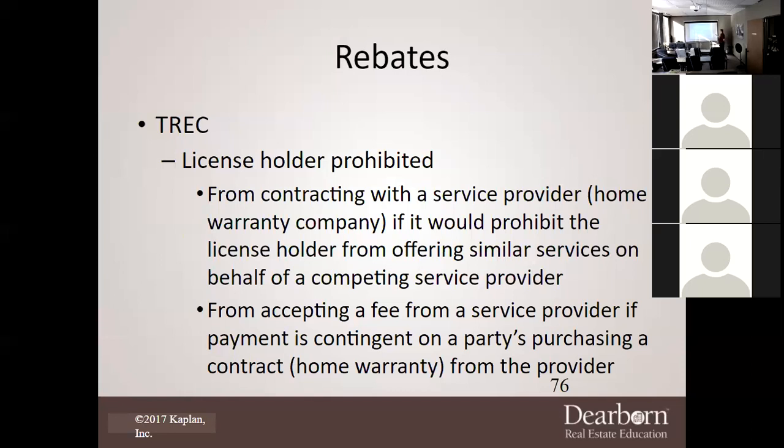It is actually prohibited by TREC, and if TREC finds out, you can lose your license. You cannot force somebody to use a home warranty company. It's against the law. If you are getting any fees or kickbacks from this, it can not only jeopardize your license, but also jeopardize the loan, because the loans are regulated by RESPA, and it could actually cause issues with the loan overall.